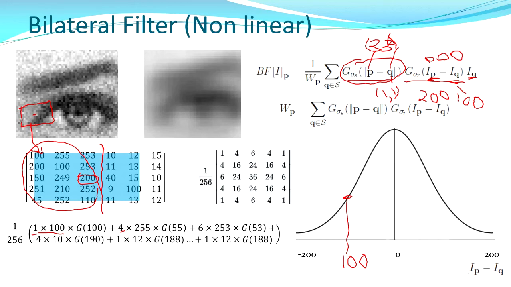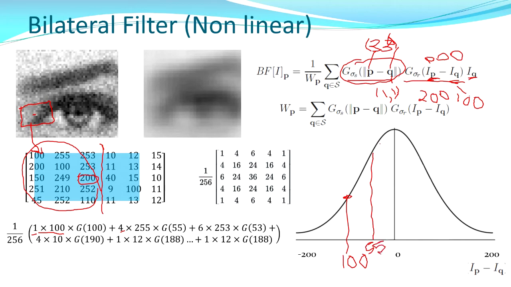Similarly, 4 into 255. Here 4 is because of this filter, then 255, and this is going to get multiplied by G of 55 because it is 200 minus 255. So here suppose there is 55.